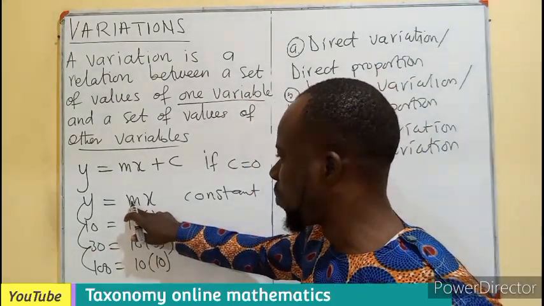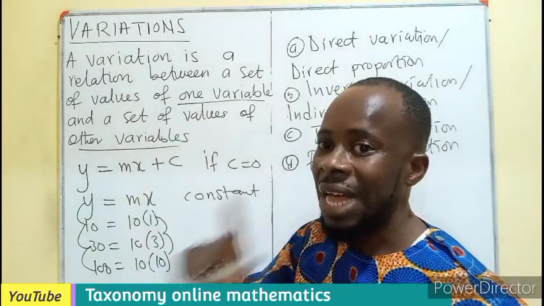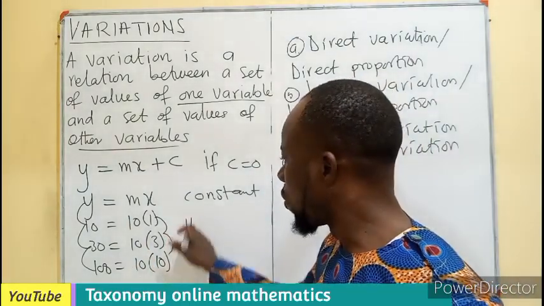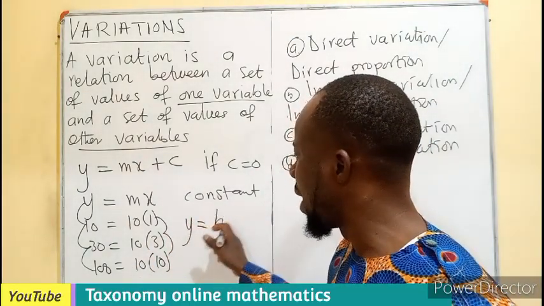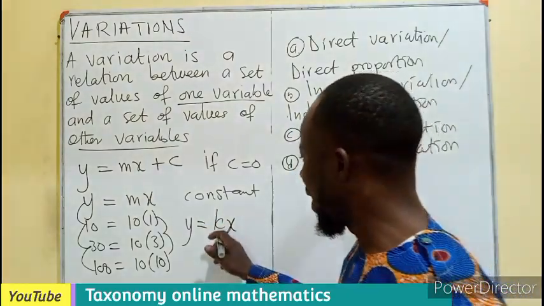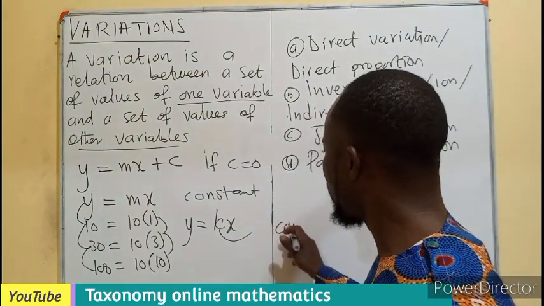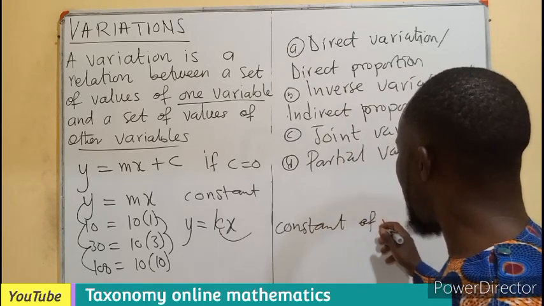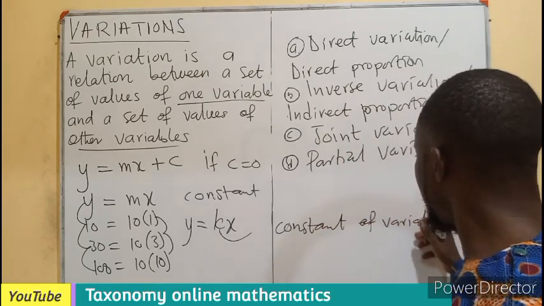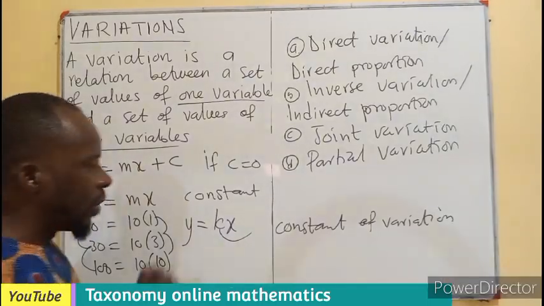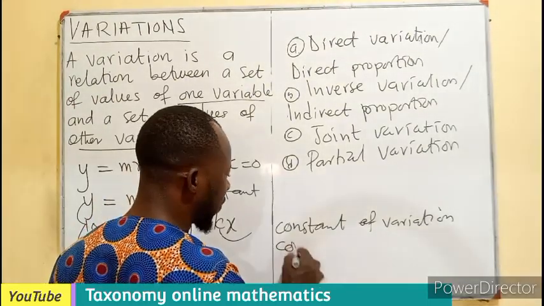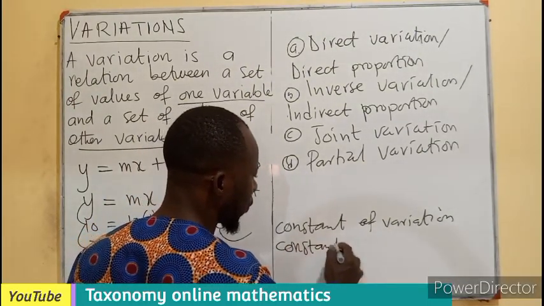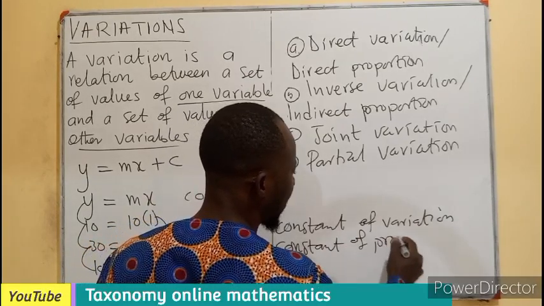If we normally represent the m as the constant k, this is going to be y equals kx, where k is the constant of variation, or we can also say the constant of proportionality.